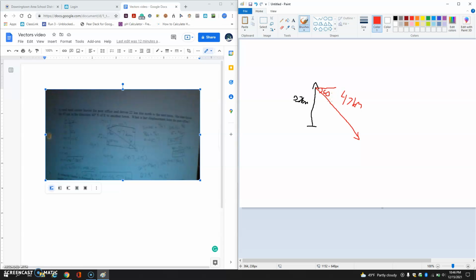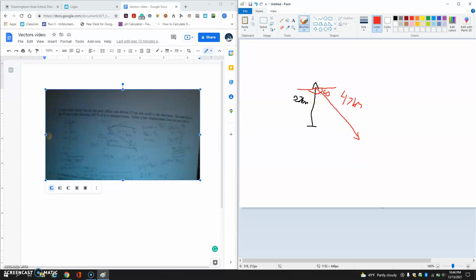Now, whenever it gives you a degree for your vector, you have to know where that degree is at. The way I like to think about it is, which way looks like 60 degrees. If you draw a straight line here, you can have an angle here, or you can have an angle here.